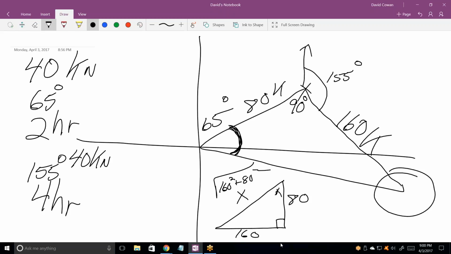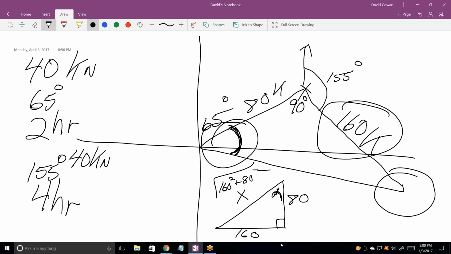You see where I've labeled alpha, down in the bottom? It's the angle opposite the 160 side. There's the 160, there's the angle opposite it. Okay, now tell me what alpha is. If you can solve for alpha, then we have our bearing. It's going to be 65 degrees plus alpha.